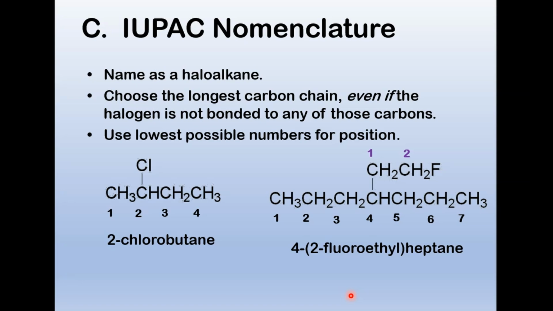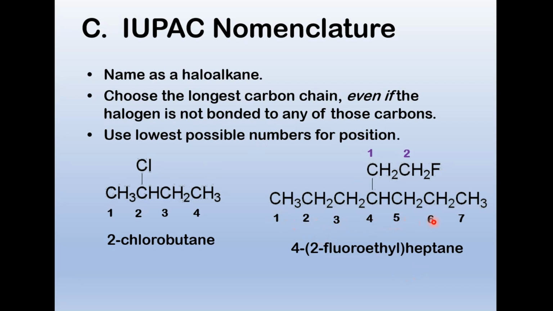So our IUPAC convention for naming alkyl halides, same as always, we find the longest continuous carbon chain, even if the halogen is not bonded to any of those carbons, like it is over here on this one, where we have a 7-carbon chain. So over here, a 4-carbon chain. The halide, which is chlorine, is on the 2nd carbon, so we call this 2-chlorobutane.